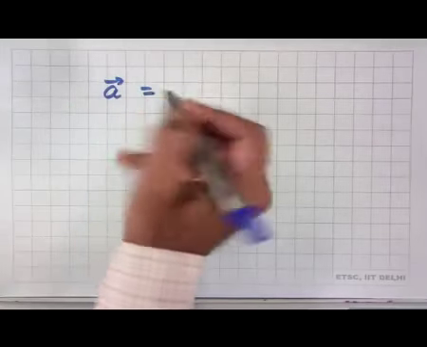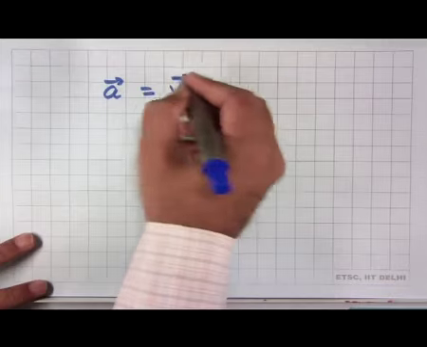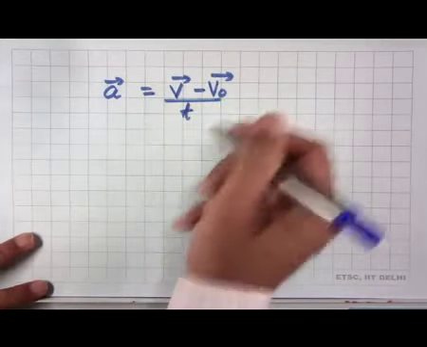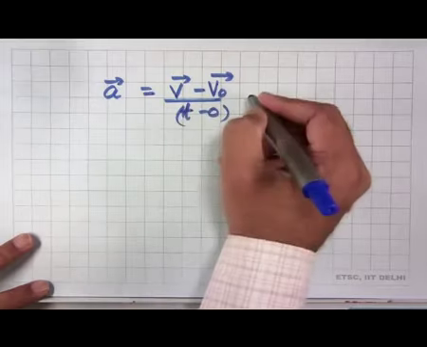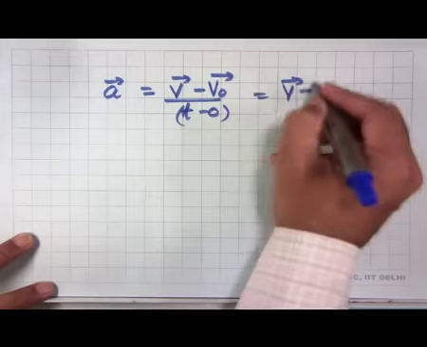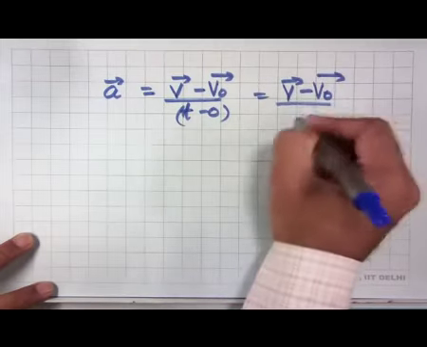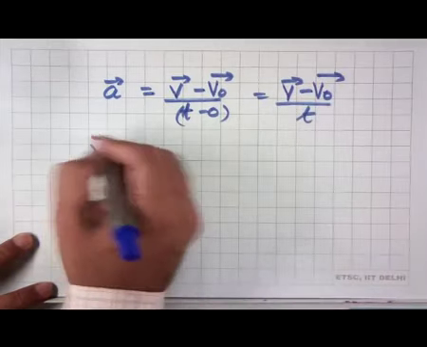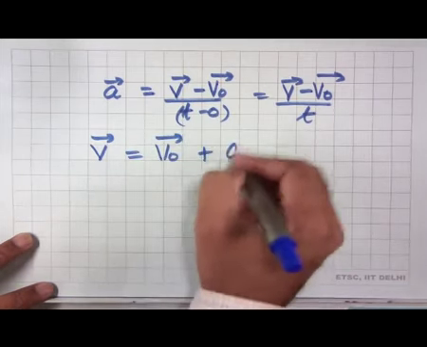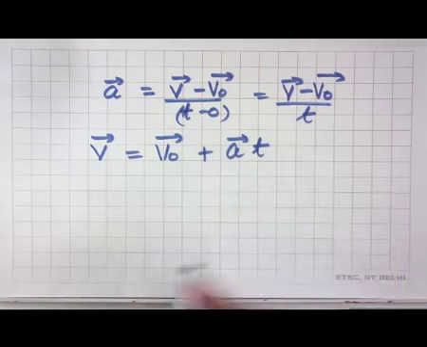So, if we write this acceleration as v minus v0 divided by the time t, which is t minus 0, this is equal to v minus v0 upon t, and what we get is the velocity v will be equal to v0 plus a times t.